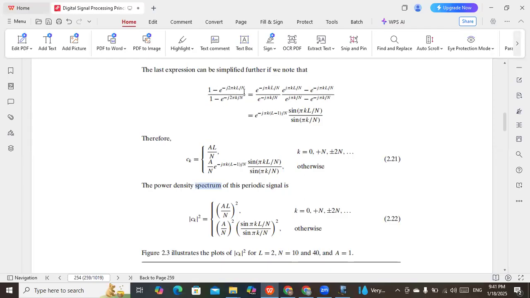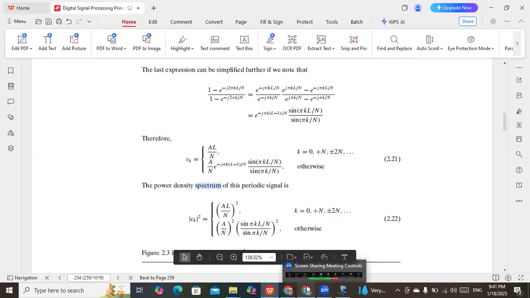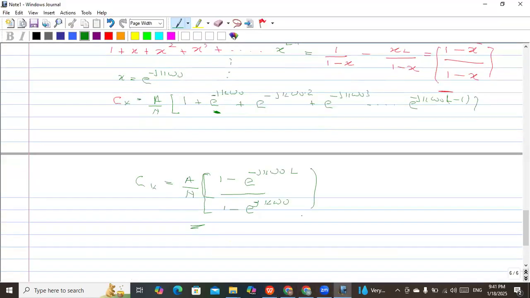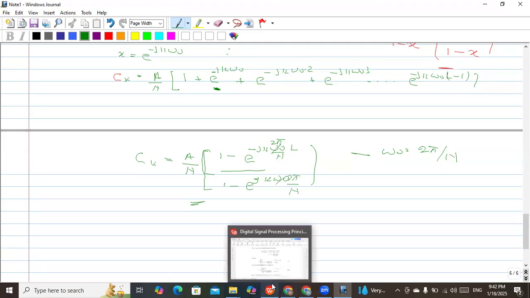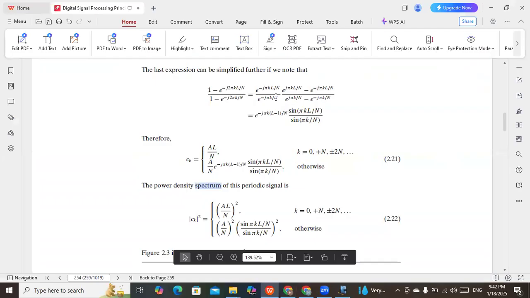We have it because omega naught is equal to 2π divided by N. So if you apply 2π divided by N instead of omega naught in this term, this term is here, and this term is here. Now you can see that this term is taken out from this one.